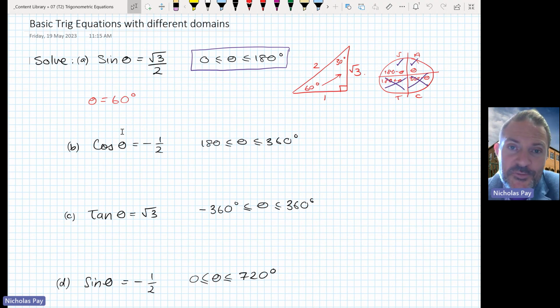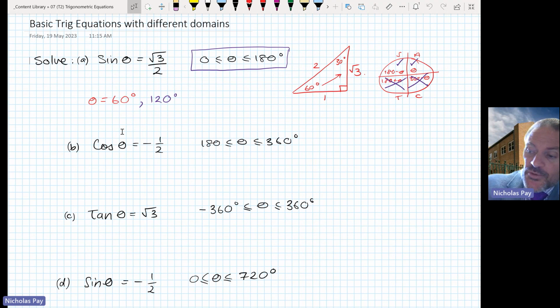With this question, that actually is okay because it is positive in the first 2. But let's say, for example, if I was looking at cos or tan, then tan would only be positive in one of those 2 quadrants, and cos would only be positive in one of those 2 quadrants. Therefore, there would only be one solution. But sine, there are 2. Of course, it's the 60 degrees or the 180 minus 60. Therefore, we're going to say it equals 120 degrees, and that's my answer.